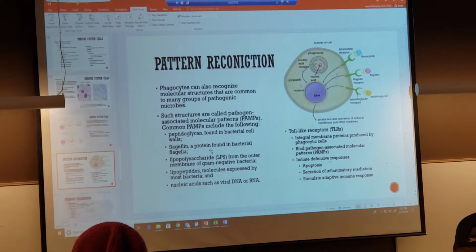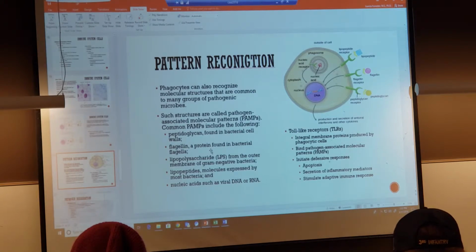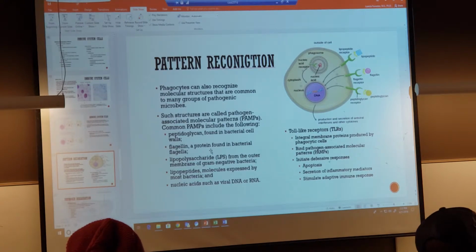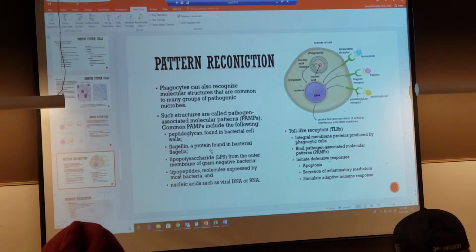So if the pathogen-associated molecular pattern is associated with the bad guys, what do the good guys have that allow them to recognize those patterns? Toll-like receptors. So toll-like receptors go with the good guys. They are the receptors that recognize the molecular patterns. Make sense?